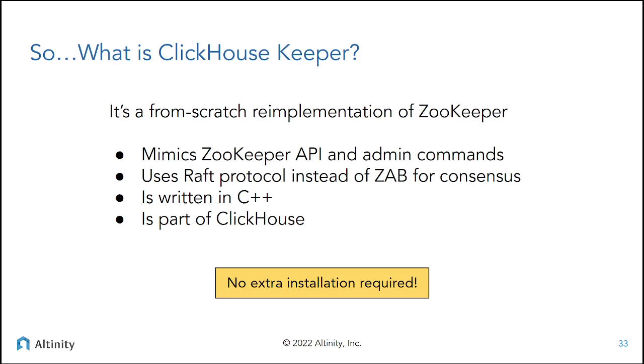One difference is it uses Raft, which is another distributed protocol, kind of similar to Paxos, but allegedly easier to understand. And the implementation, I believe, is NuRaft, which was developed at eBay. So the effect is the same. When you're using it, you can't really tell the difference for the most part. It is written in C++, which ensures that it's performant and doesn't require as much parameterization as Java does.